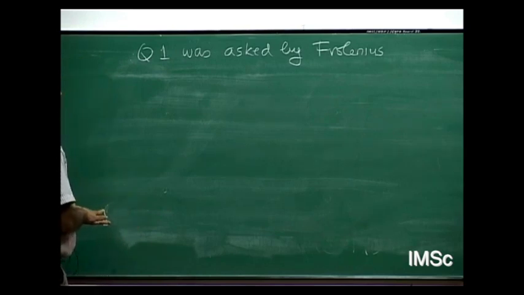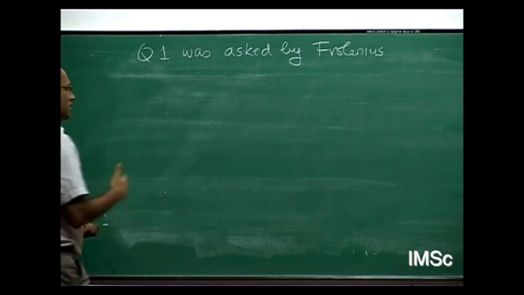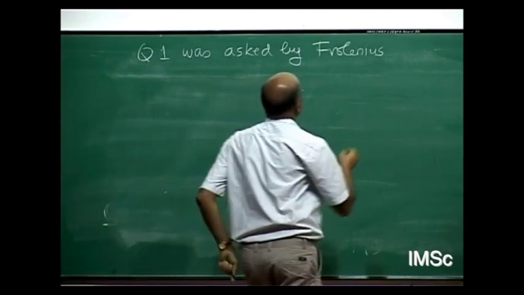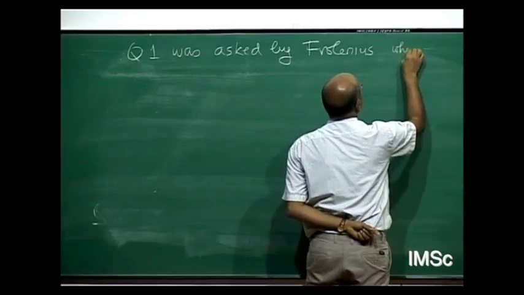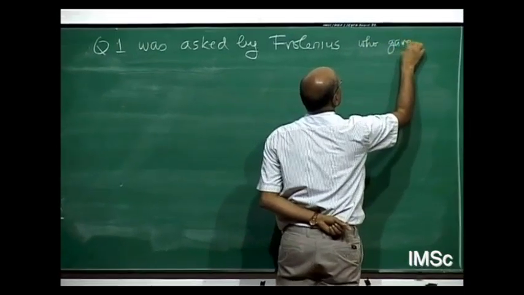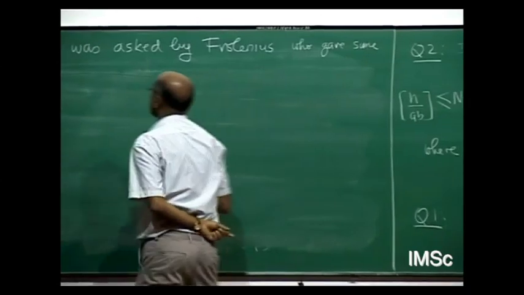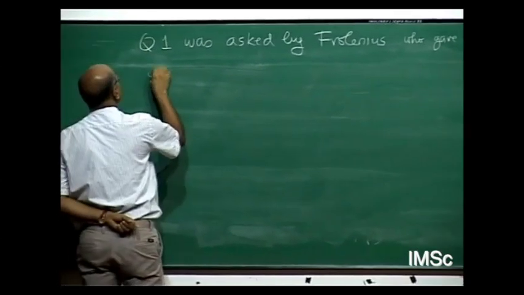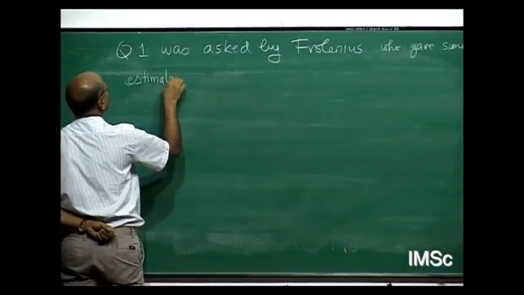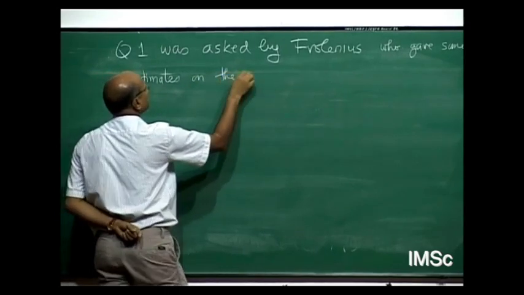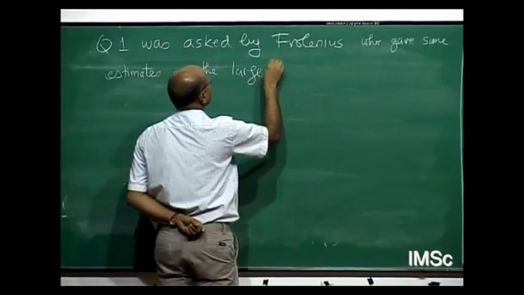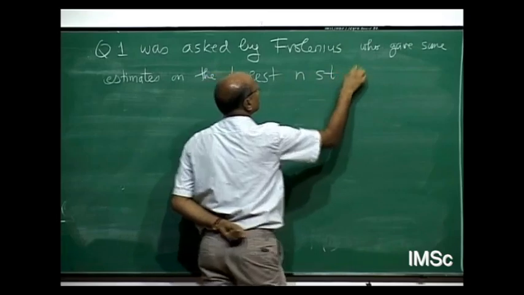He got some answer of that form, AB minus A minus B, but only an upper bound or something, beyond which everything is good. So asked by Frobenius, who gave some estimates on the largest n such that.